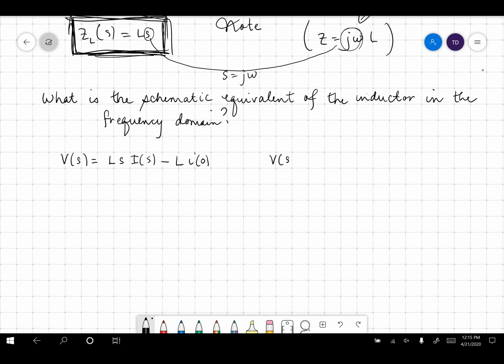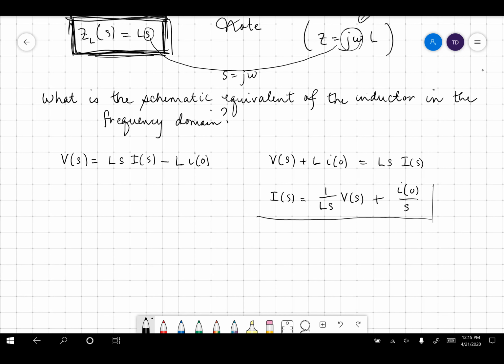V of S plus L I of 0 equals Ls I of S. And then solving for I of S, we have I of S equal to 1 over Ls V of S, and then plus L I at 0 gets divided by Ls, and that gives me I at 0 over S. So this is from the voltage perspective, and this is from the current perspective.